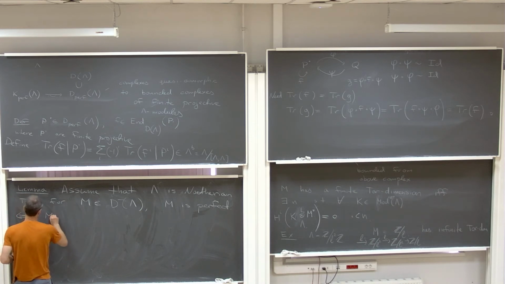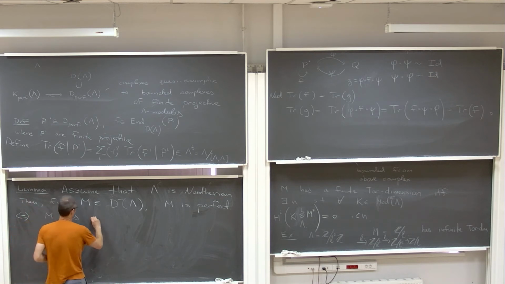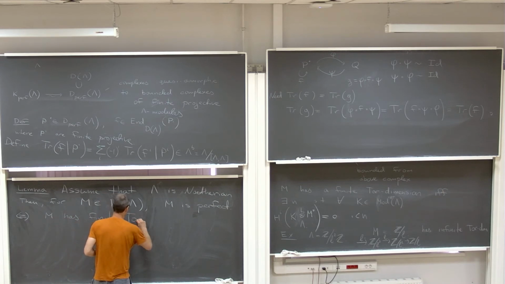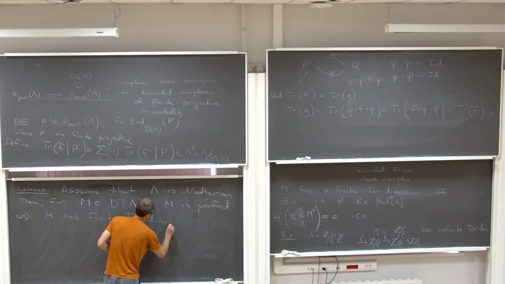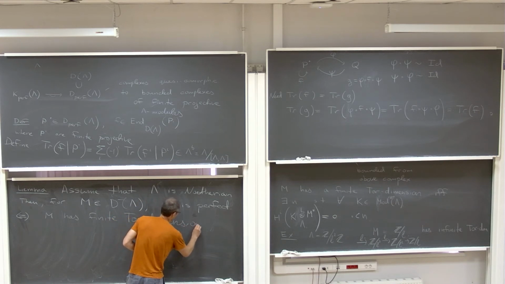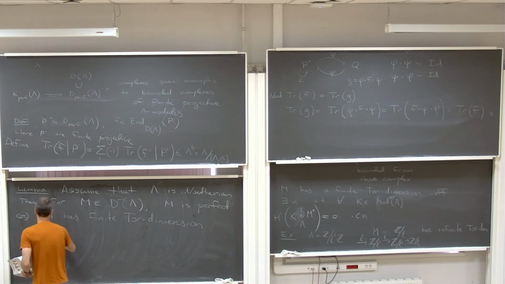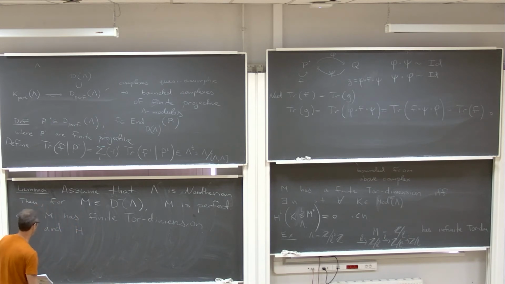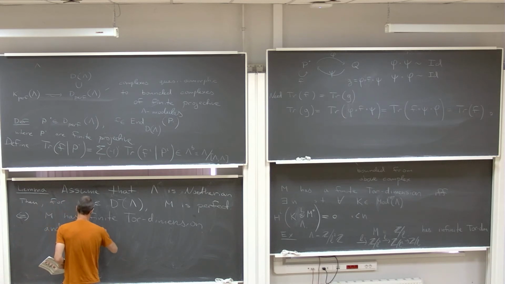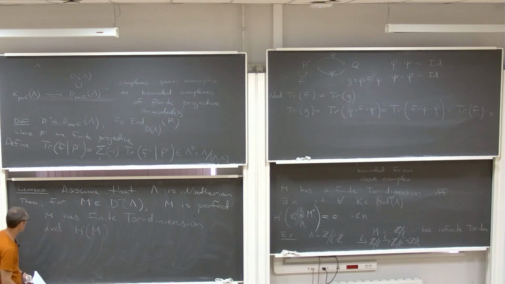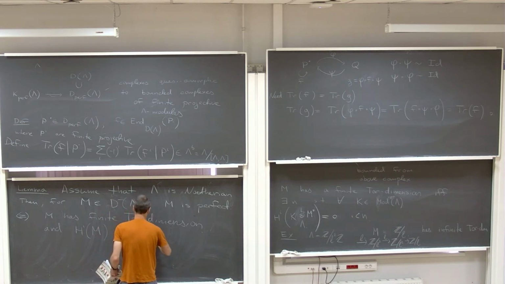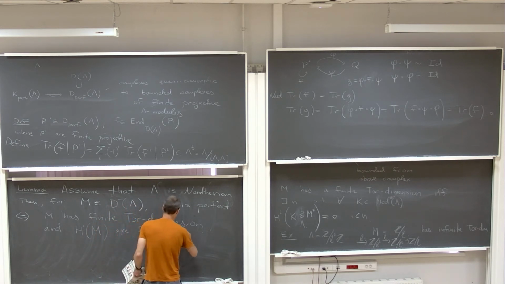So M has finite Tor dimension, and the homology of M, which we know now is supported in finitely many degrees, is finite, that is, finite lambda modules.